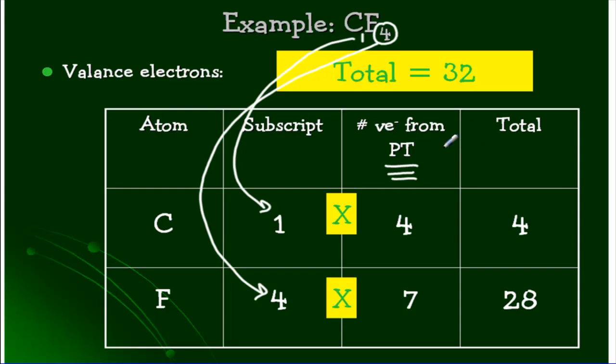So make sure your periodic table is labeled. Carbon is in column 14. Those all have 4 valence electrons. Fluorine is in column 17. Those all have 7 valence electrons. So then we multiply: we get 4 valence electrons from carbon, 28 from fluorine, for a total of 32 valence electrons.